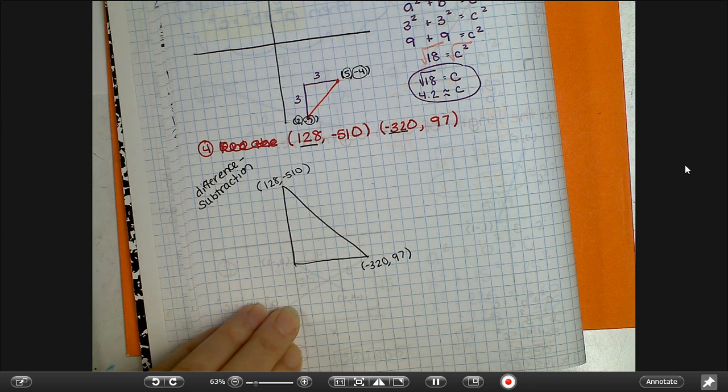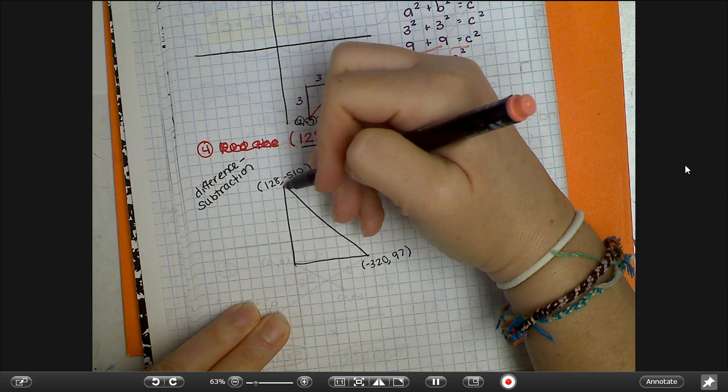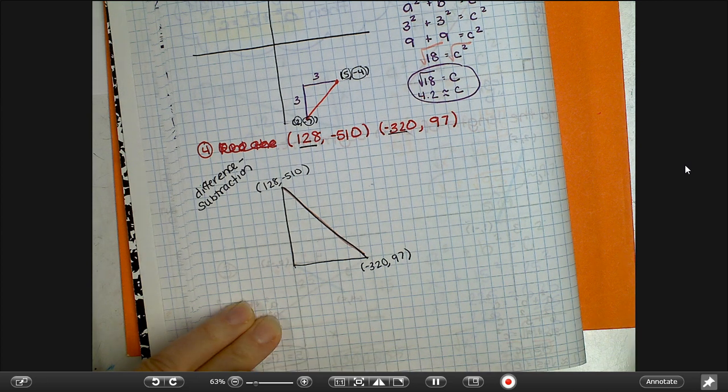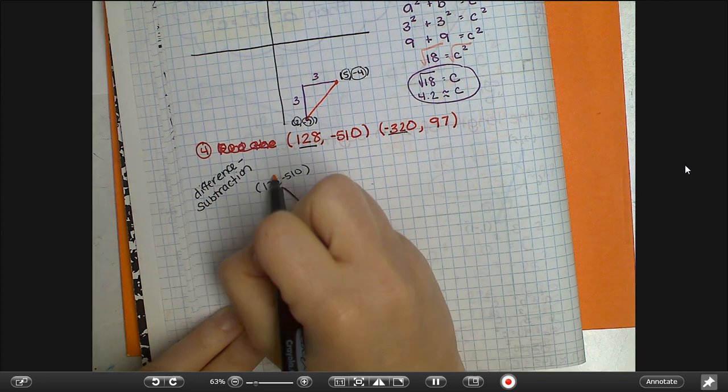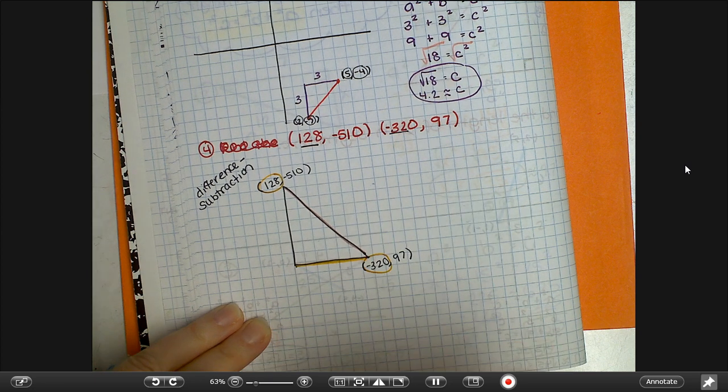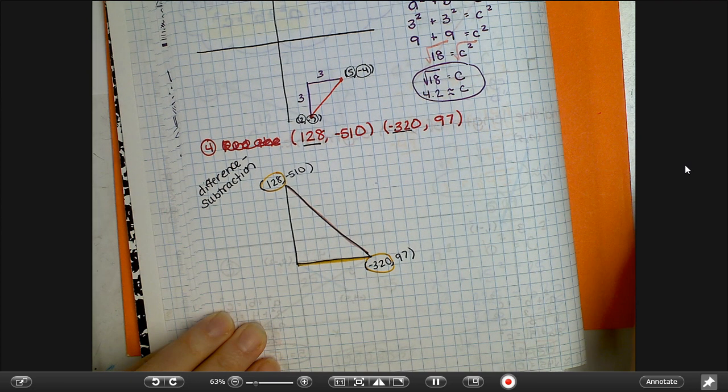All right, we want to figure out the length of this side, but they're so far apart. So we're going to look at the x coordinates first. Remember, x tells us the horizontal change. So we're going to subtract those.